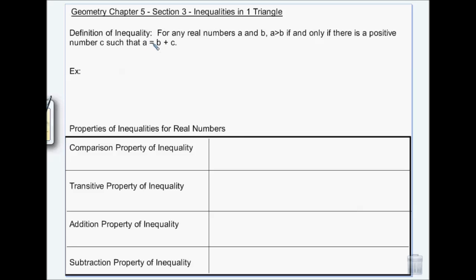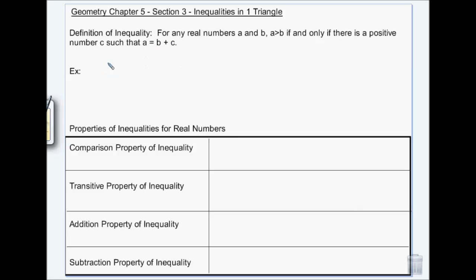For the definition of inequality, if you have any real numbers A and B, A is greater than B if and only if there's a positive C. Sorry, I wrote my example backwards.